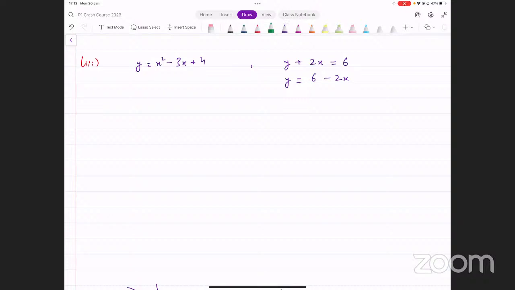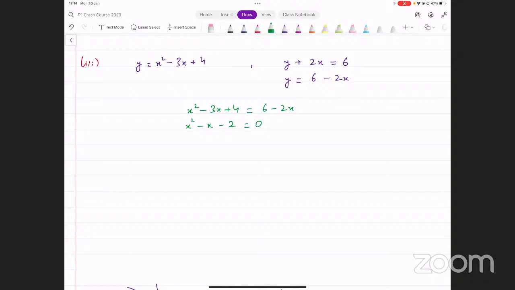Now we equate both of them because we've got y the subject in both of them. So it becomes x squared minus 3x plus 4 equals 6 minus 2x. Now take everything to one side. It's a quadratic equation. That gives you x squared minus x minus 2 equals 0. Now you can think about whether you can do factorization here or not. I could use 2 and 1.